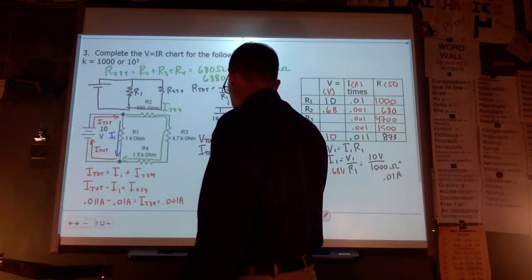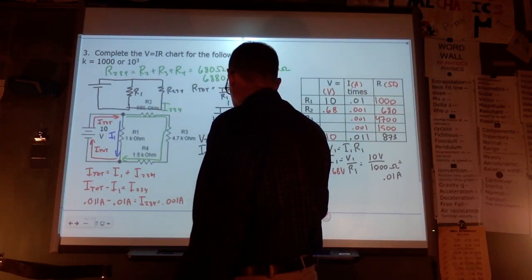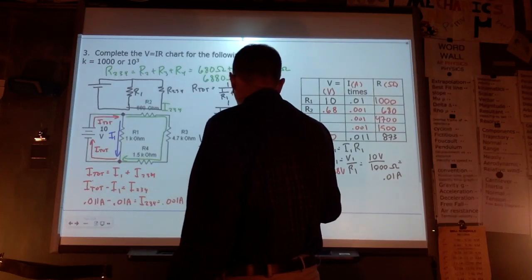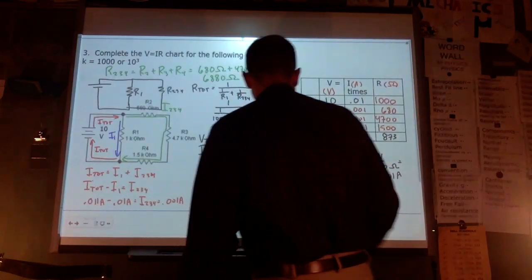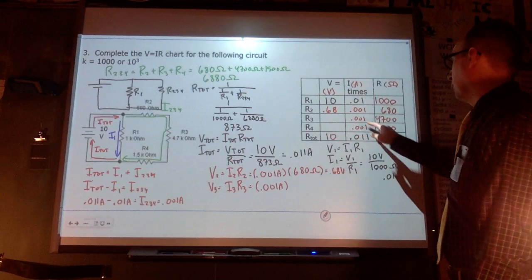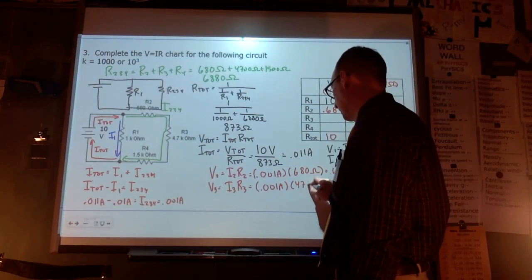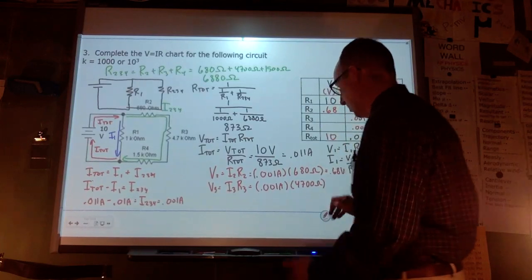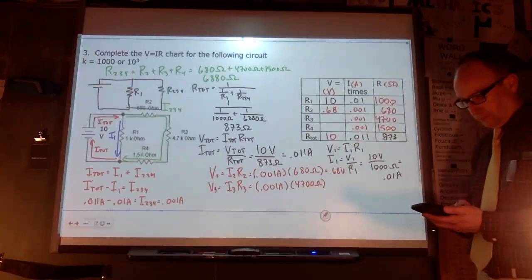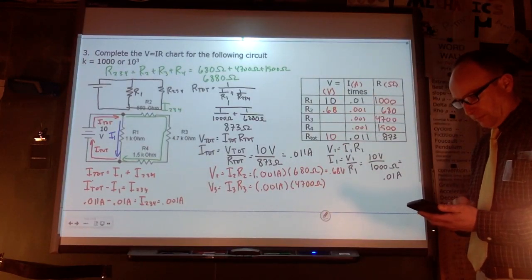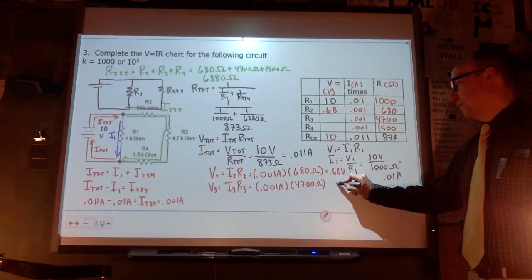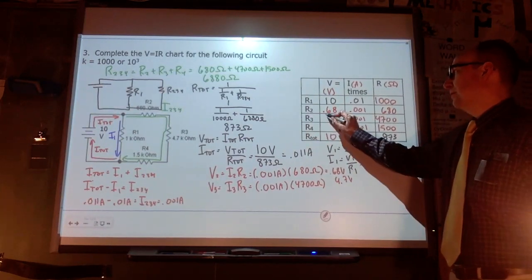V3 is going to be 0.001 amperes times 4,700 ohms. So that's 4.7.